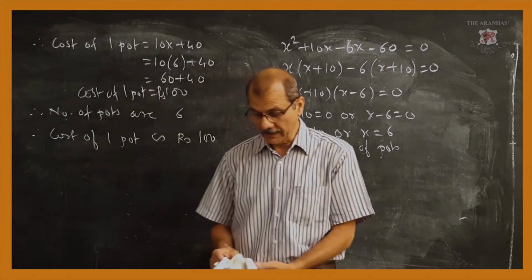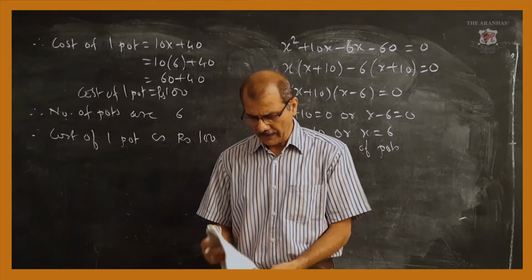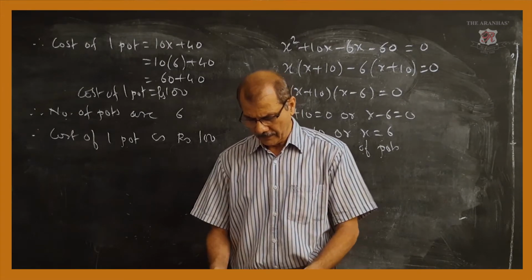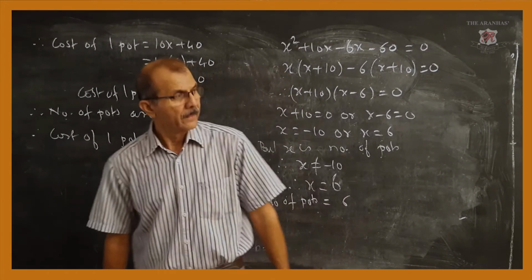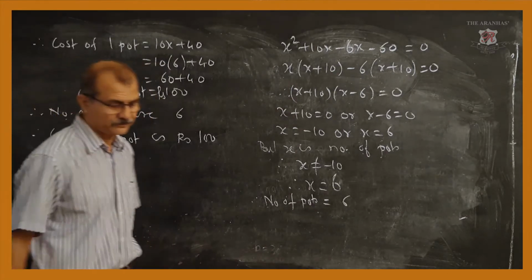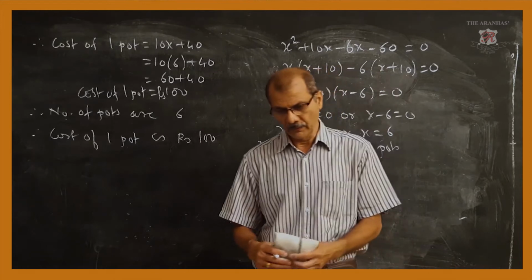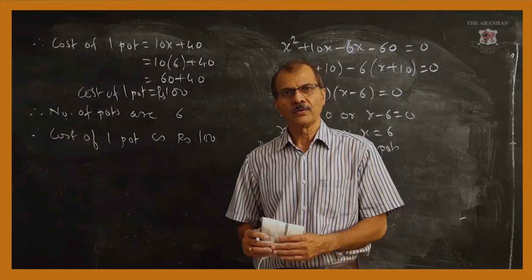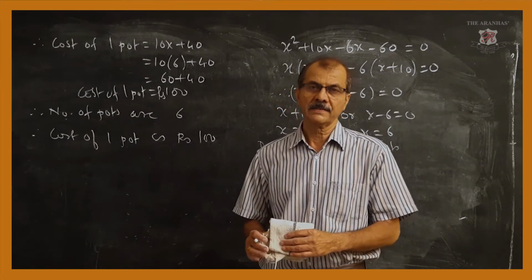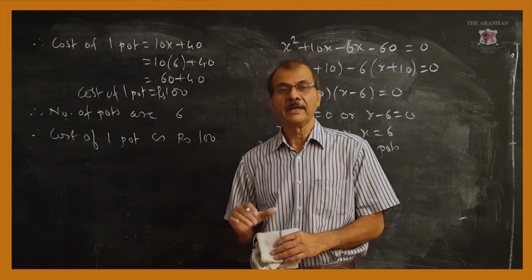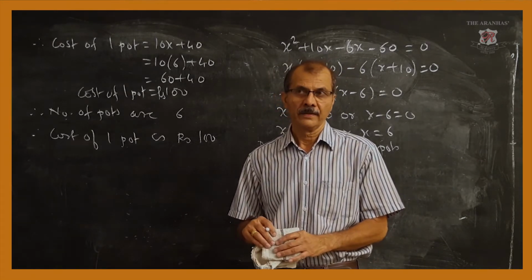So this is about a number. Now you know that dividend is always equal to divisor into quotient plus remainder. This we are going to make use of in this problem.